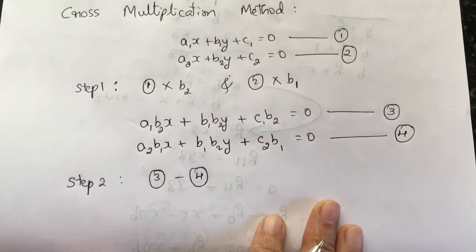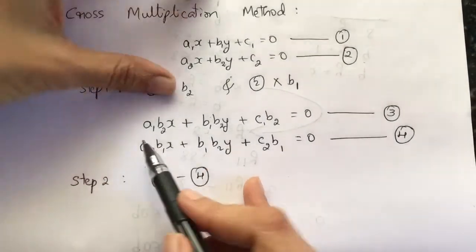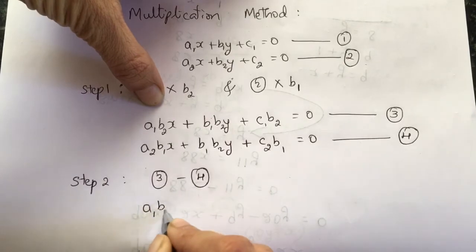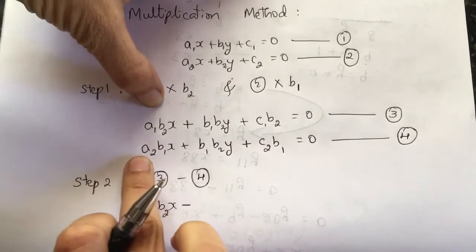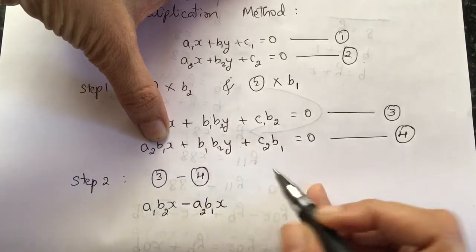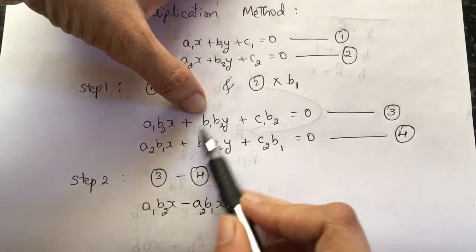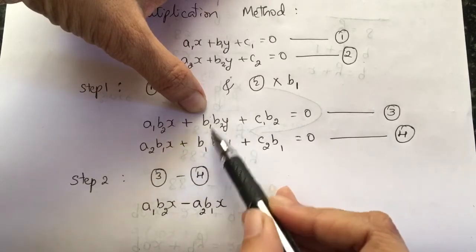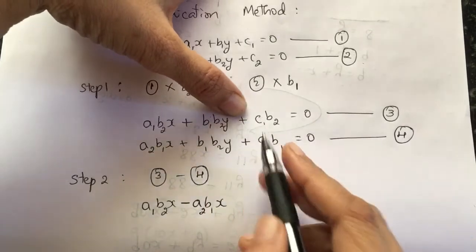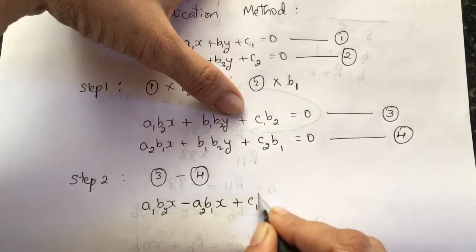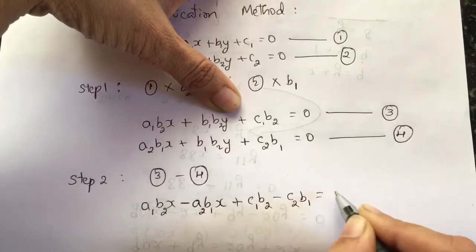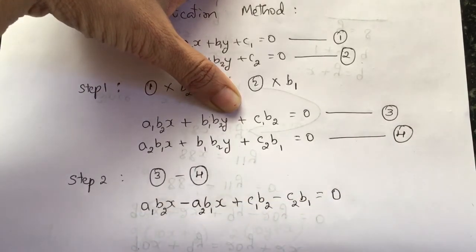Now what will I get? a1 b2x minus a2 b1x, and this minus this will get cancelled since they have the same coefficient, right? So this is 0, then plus c1 b2 minus c2 b1 equal to 0.